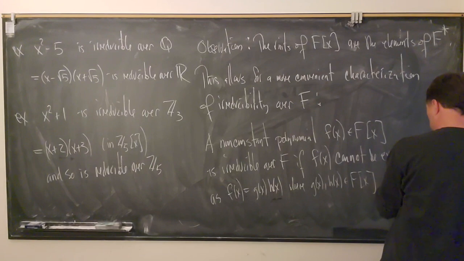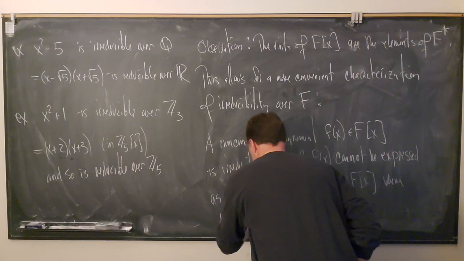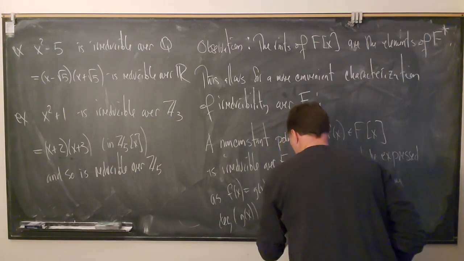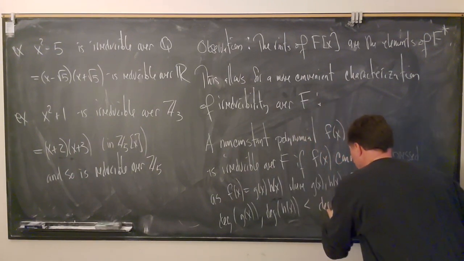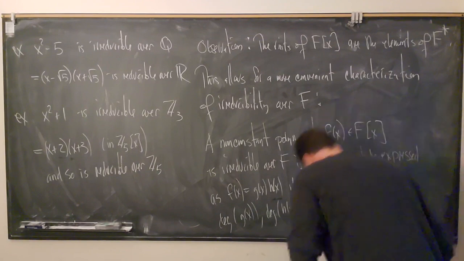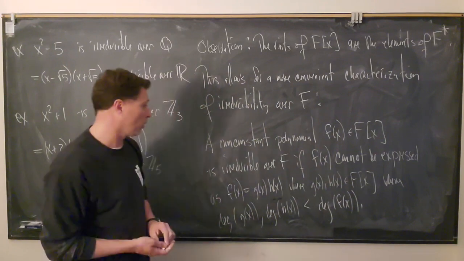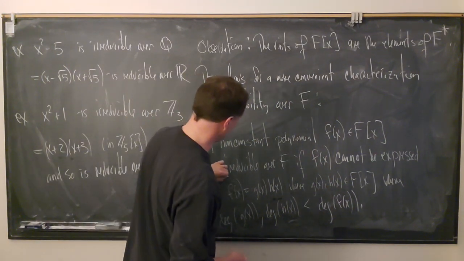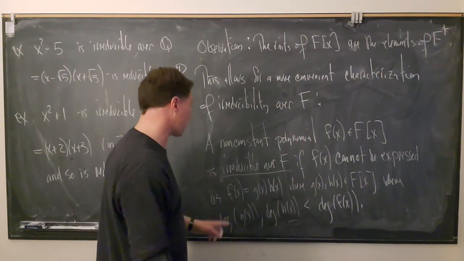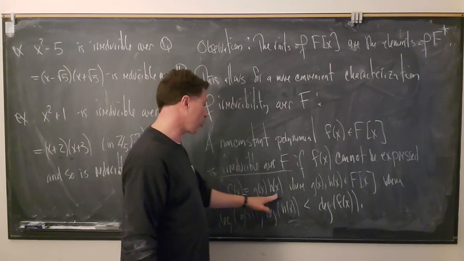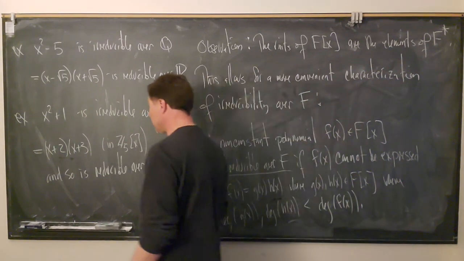So where the degree of g of x and the degree of h of x are strictly less than the degree of f of x. So that means a polynomial is reducible over F, and this is not a definition, but let me just underline it here, if it can be expressed as the product of two polynomials of lesser degree. All right, so that's a nice quick way to describe reducibility over a field.